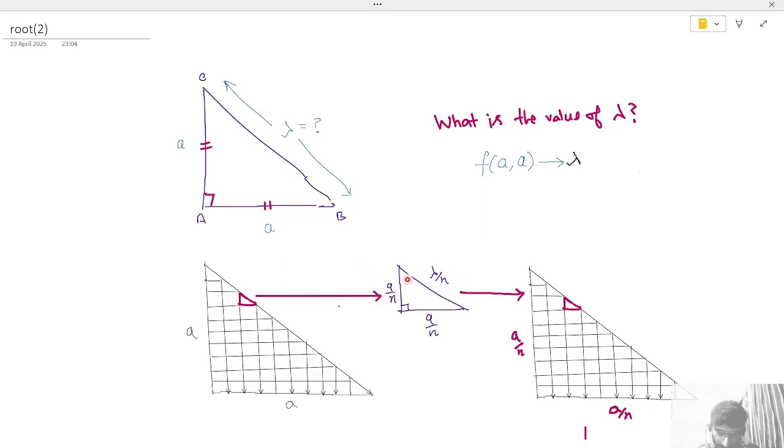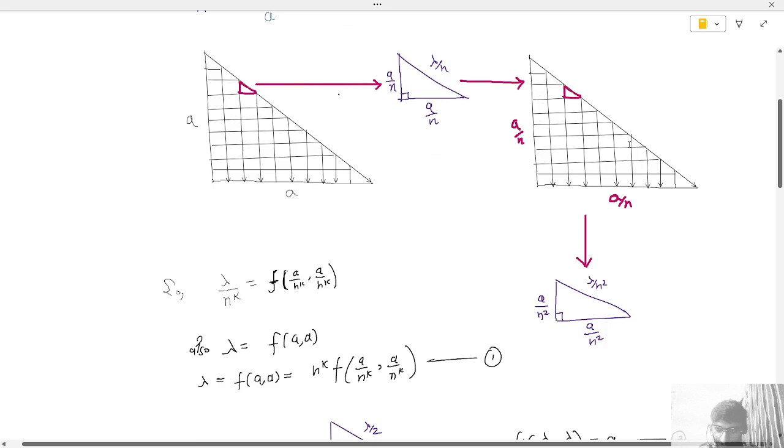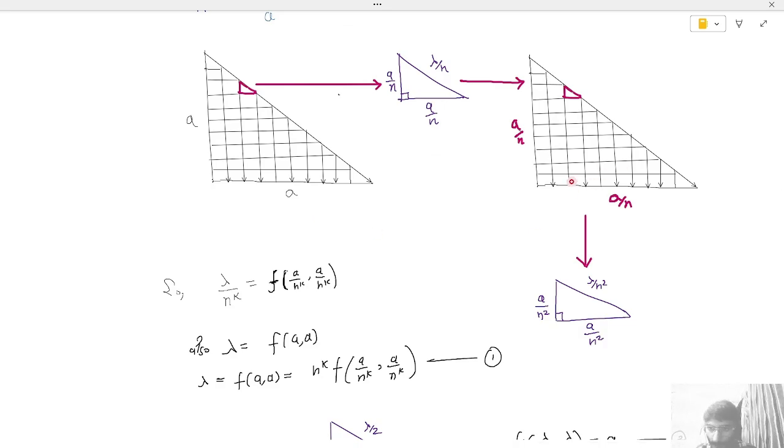Now if we repeat this process with this smaller triangle, and we further subdivide this triangle by splitting the base and perpendicular, we will get another triangle, right? Now in this case, the base being a by n, perpendicular being a by n, this smaller triangle will have the base a by n square, right?